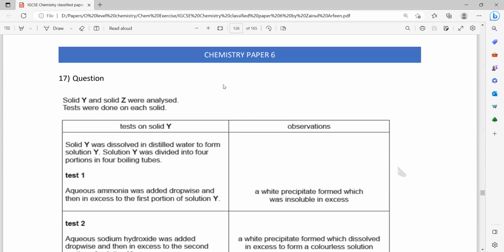So this question is about analysis, the identification of ions.